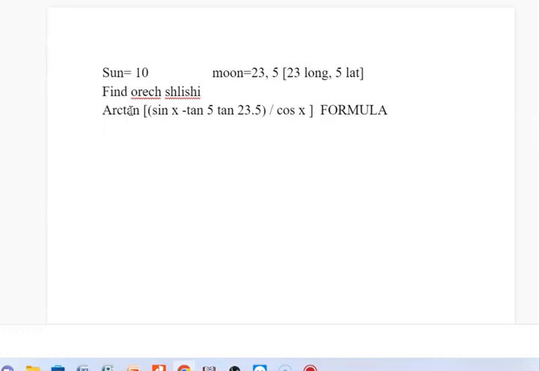then do separately, take that number. By me it's 0.352689975. Now take this, and divide by cosine x. X here is again 23.